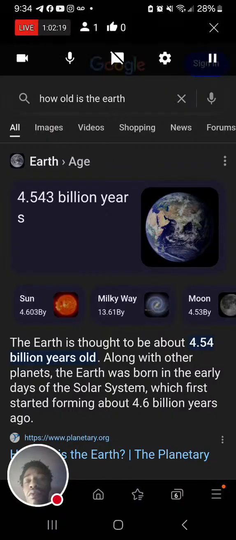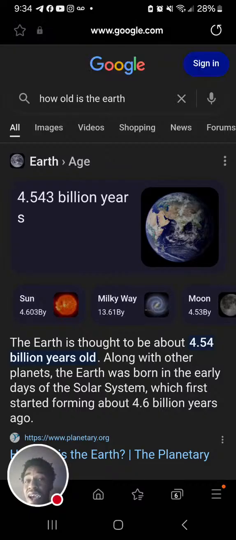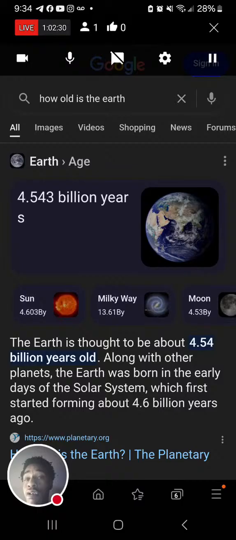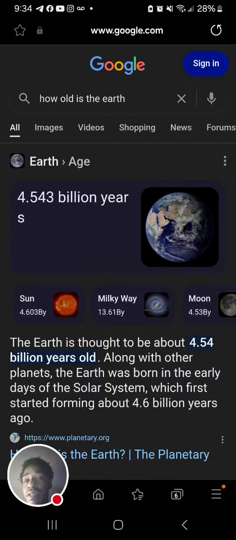I know a lot of people will say, how do you know that the earth is 4.5 billion years old? Well, there's a lot of things that you can observe in order to really understand that this place is very old. The rocks, the granite that y'all see around and stuff like that, you have to understand how long it takes to form something like that.